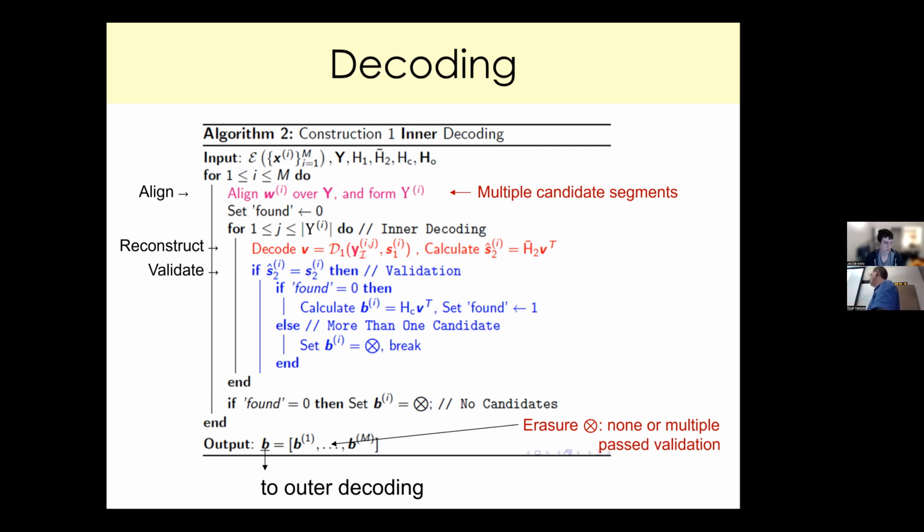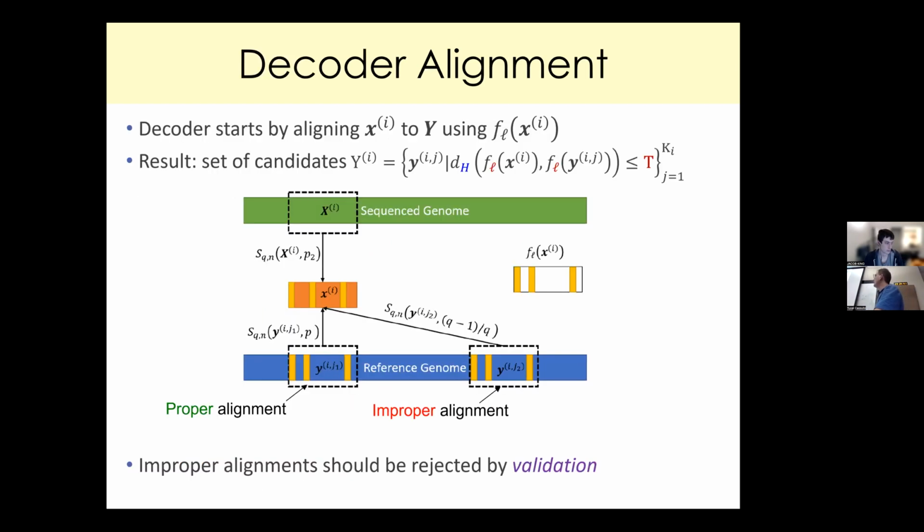And the outcome of inner decoding will go to outer decoding through those B syndromes. Sometimes we will not succeed in the inner decoding, and then we'll get the erasure symbol in some of those outputs that we send to the outer decoder. That's decoding.